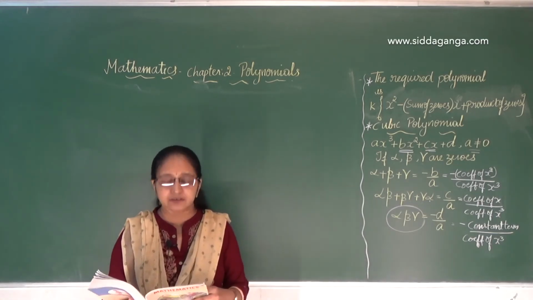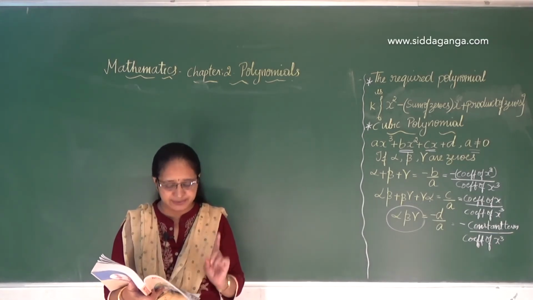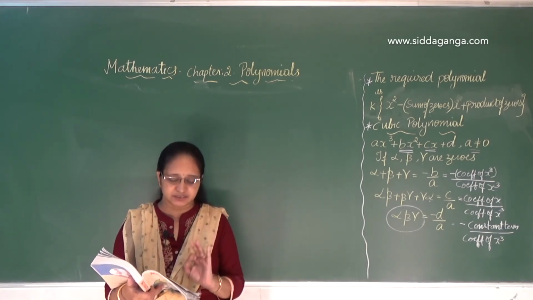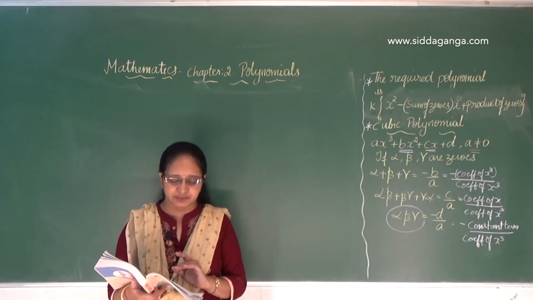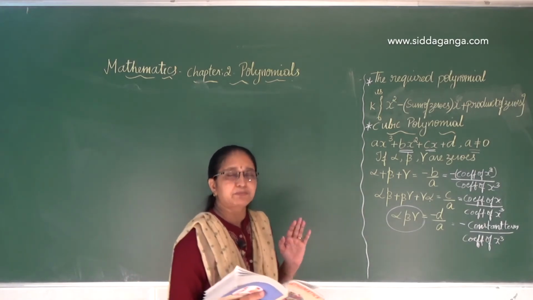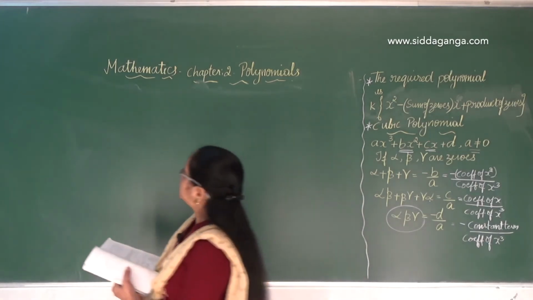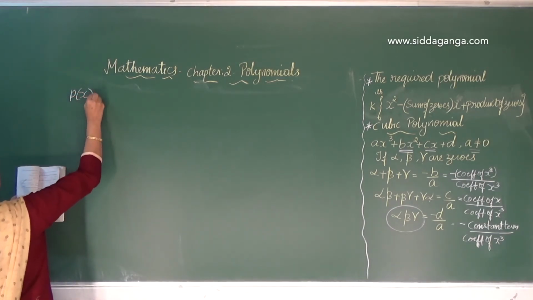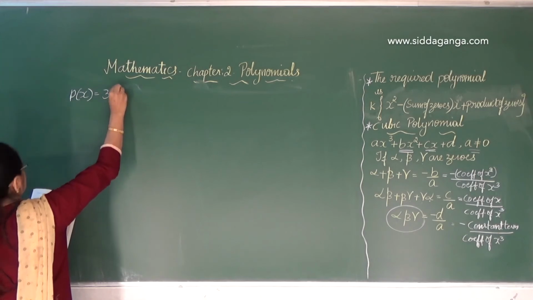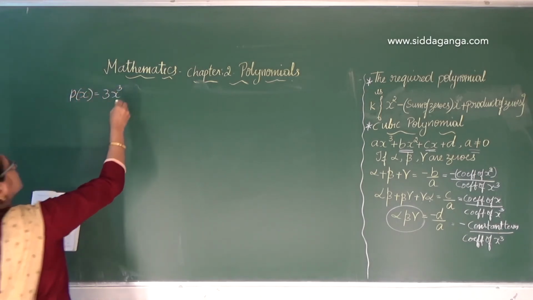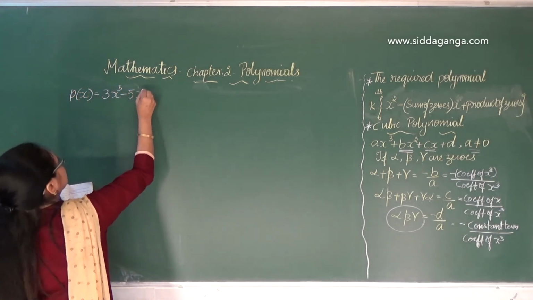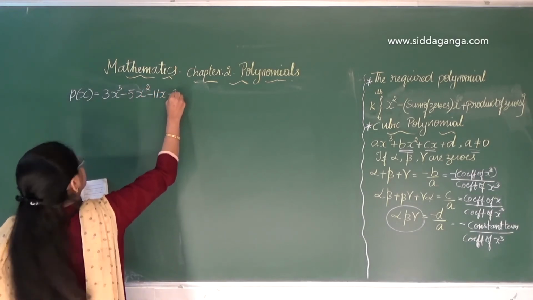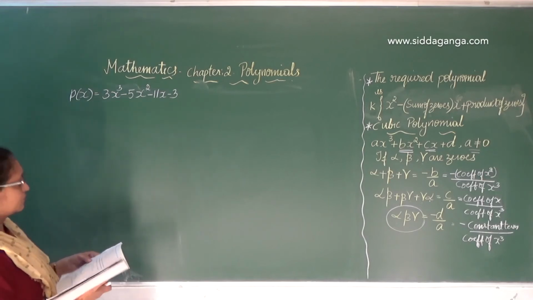There are again 2 parts in this question. One is you have to verify first whether 3, minus 1 and minus 1 by 3 are the zeros of the cubic polynomial. Which is that polynomial? They have given this polynomial: P of x is equal to 3x cube minus 5x square minus 11x minus 3.